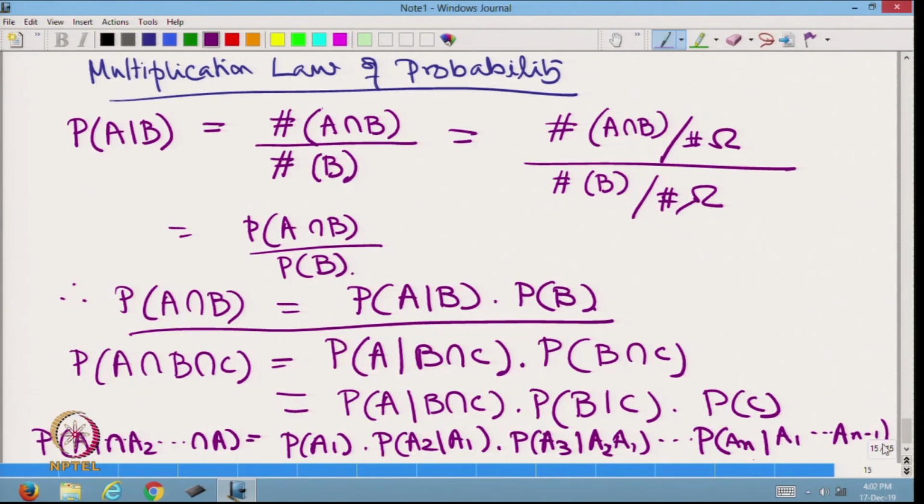So, that is the general formula for computing the simultaneous occurrence of n different events A1, A2, ..., An.